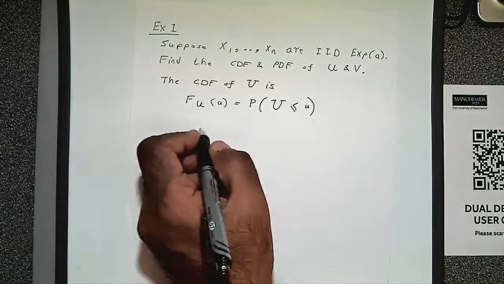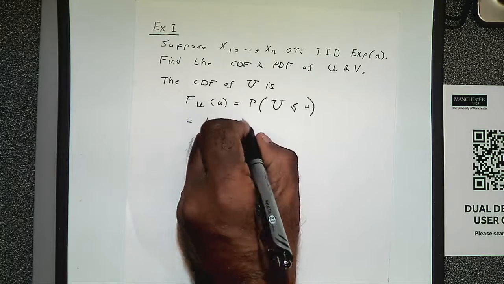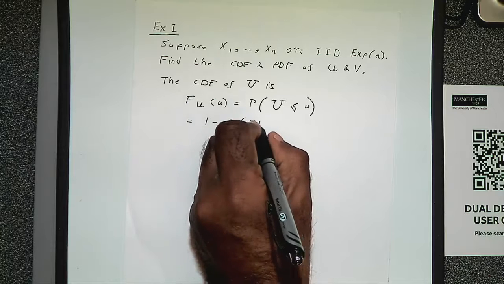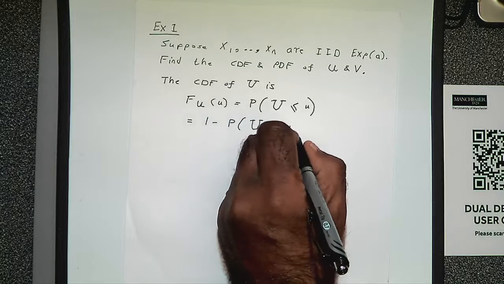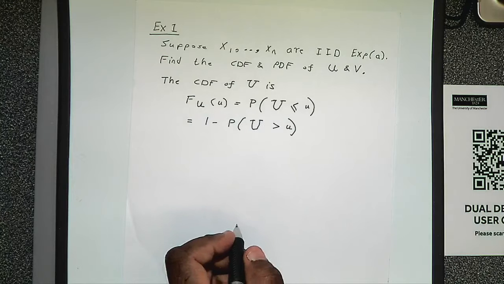Now I'm going to write this as 1 minus the probability that capital U is greater than little u. The reason I'm doing that will become clear in a minute.